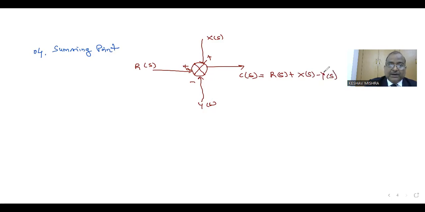It means we can combine the inputs at this point considering their algebraic sign.